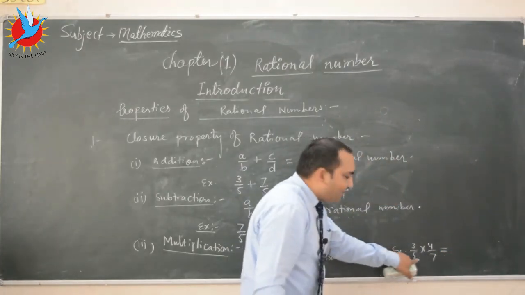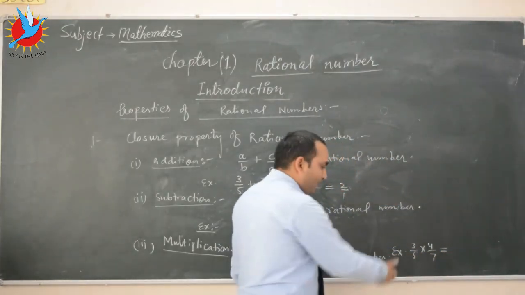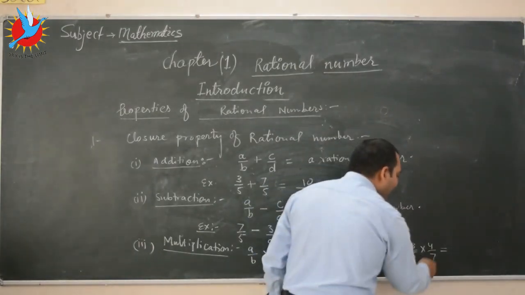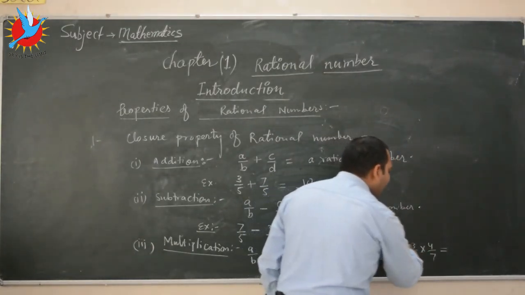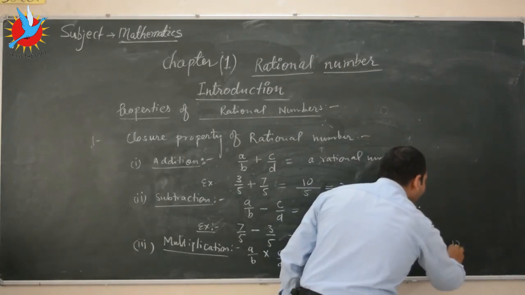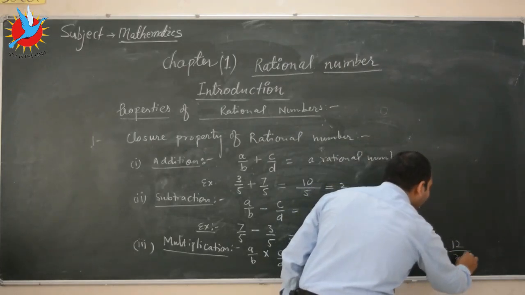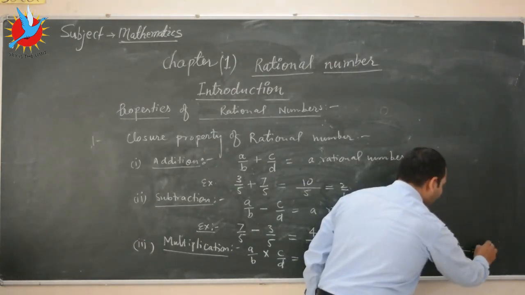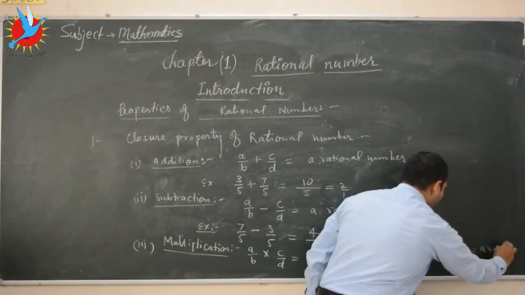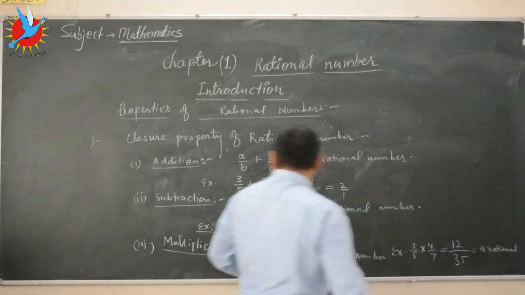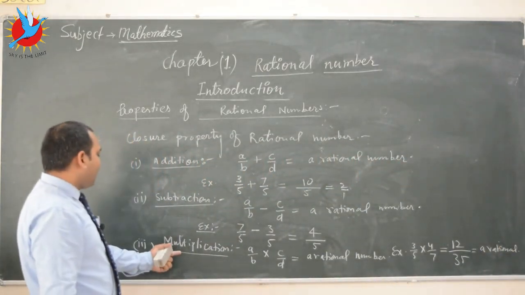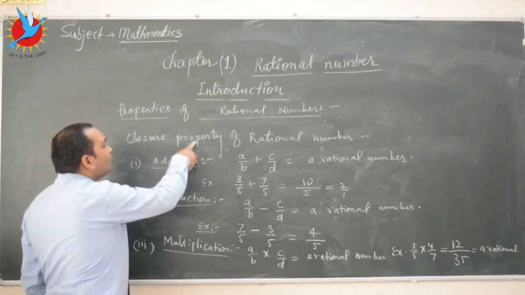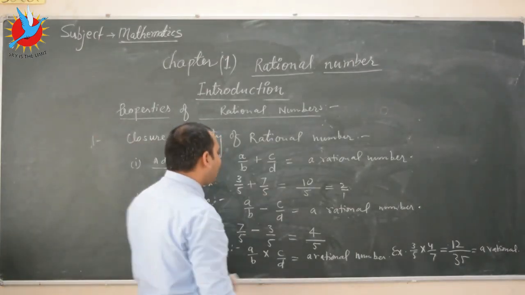When we multiply two rational numbers, the numerator is multiplied with the numerator and the denominator with the denominator. So 3 4s are 12 and 5 7s are 35. So 12 upon 35 is also a rational number. So it means multiplication also satisfies the closure property of rational numbers.